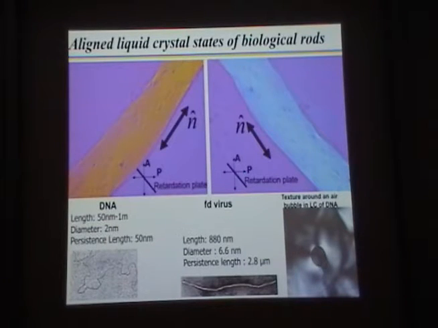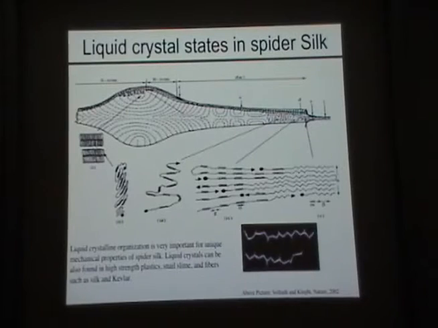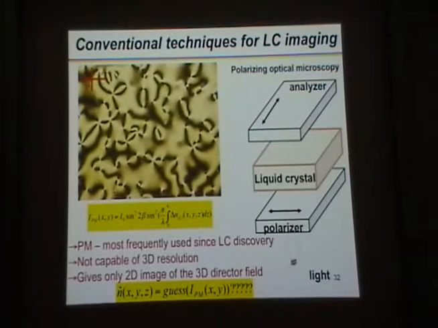But from the physics standpoint, it behaves as a semi-rigid rod, and at high concentration, again, it forms the liquid crystal phase. And then you also observe the liquid crystalline phase in many biological and zoological instances, right? For example, in spider silk, you can observe a liquid crystal phase, a liquid crystal self-assembly, and in many other examples that are not overviewed because of the lack of time.